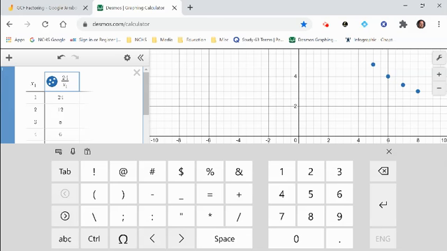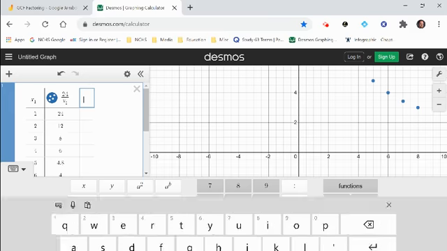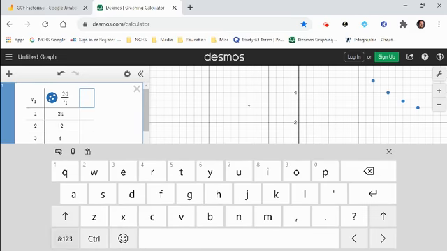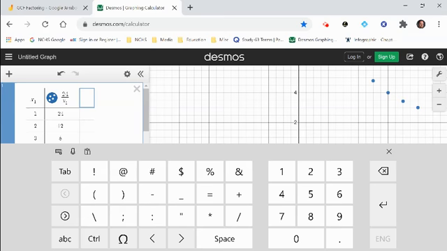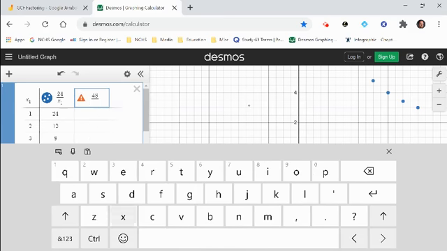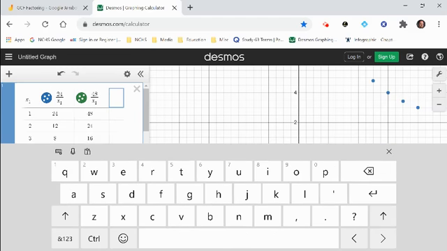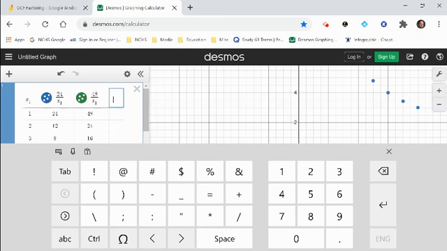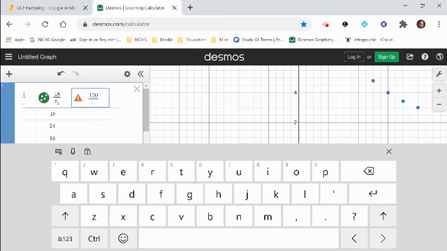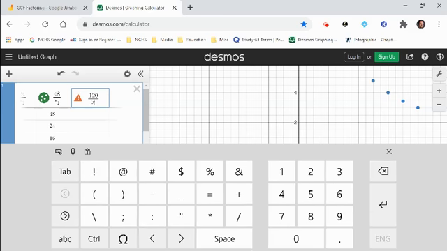If you don't, it will not work. Now my next number, let's see here, it was a 48 divided by X1. Then the third one happened to be 120 divided by X1.